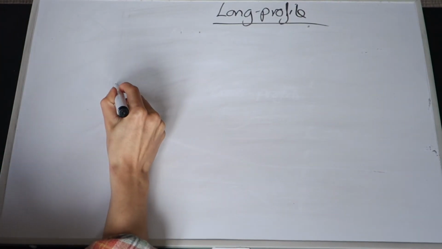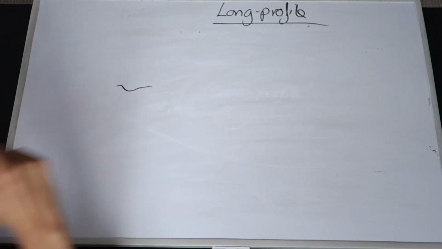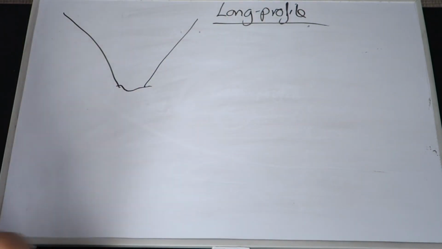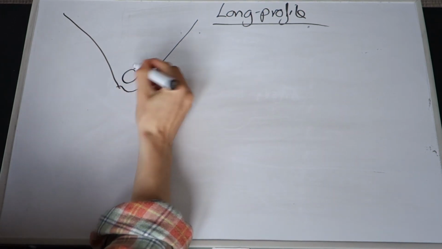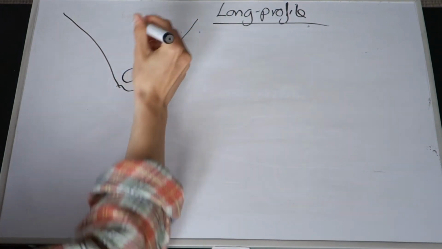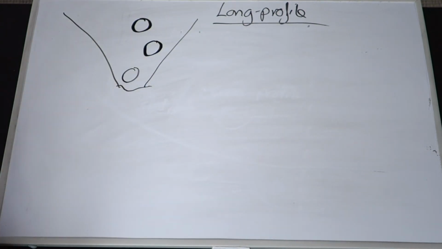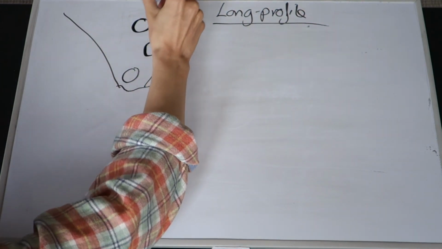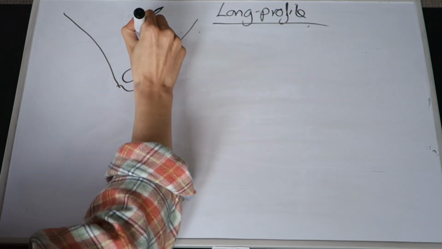So we said in the upper course we've got a small river channel. Here's our very small river channel, and it's in a V-shaped valley. And in that river channel are large boulders, because those boulders haven't had a chance to erode yet. So the water flowing through that channel has to find its way around all these boulders.